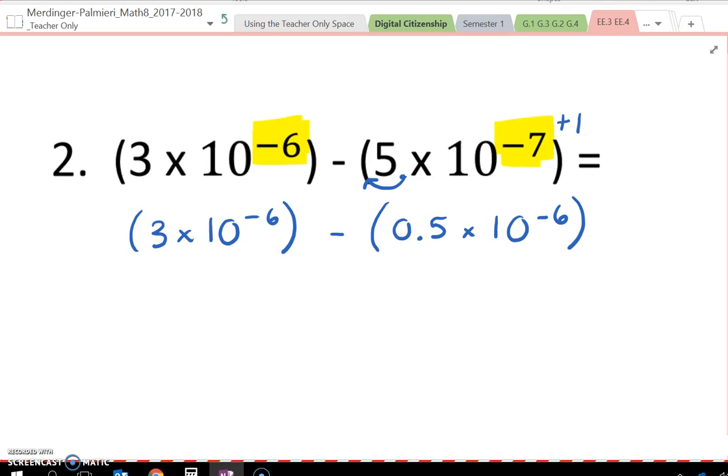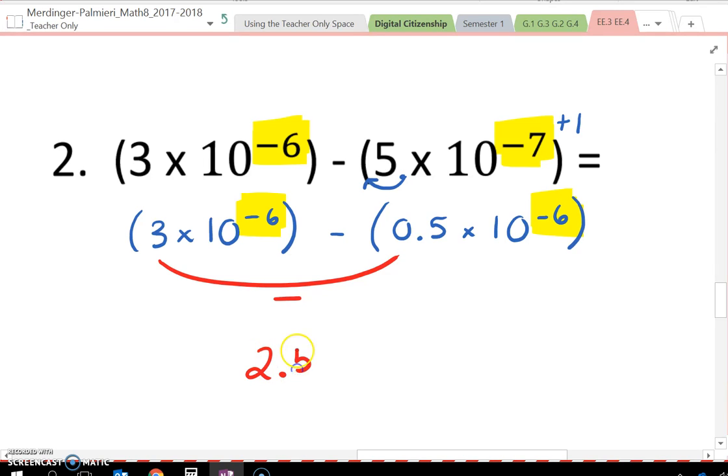So now that I have everything rewritten, nice and neat, I can go back to my exponents and say, are they the same? Both of them have -6 exponents. Now we're going to just subtract our first factor. 3 minus 0.5 is 2.5. This is, of course, times 10 to the -6 power.